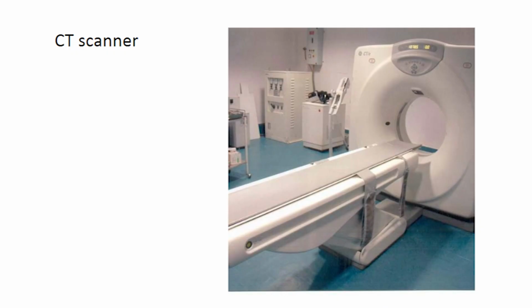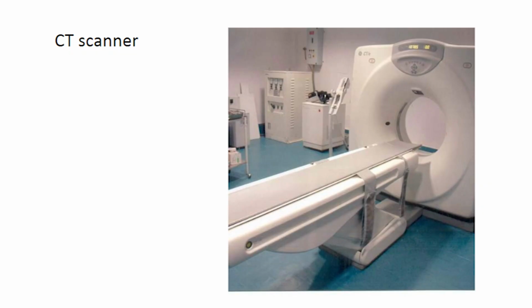In this slide, you can see a typical CT scan machine. You can see it is a huge machine. You can see in this figure the patient couch and an annular tube gantry where source and detectors are placed diametrically opposite each other.